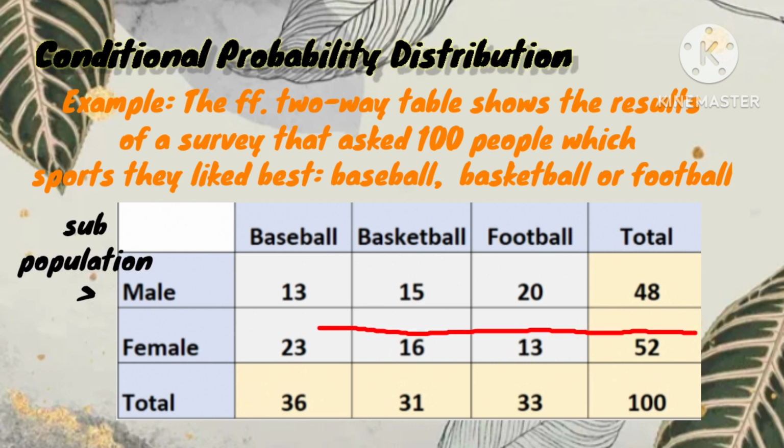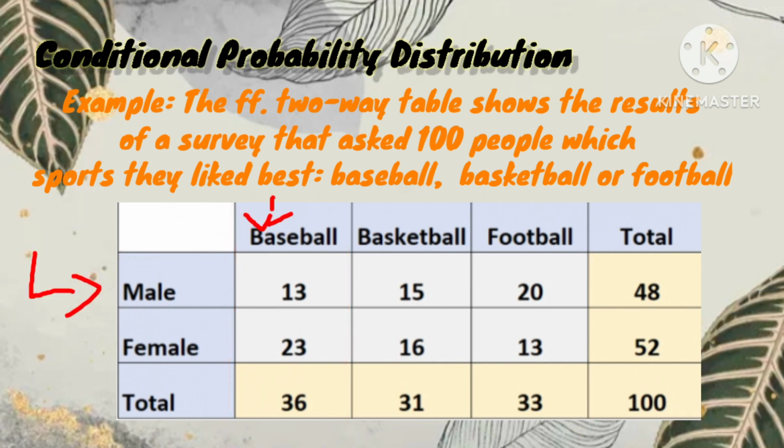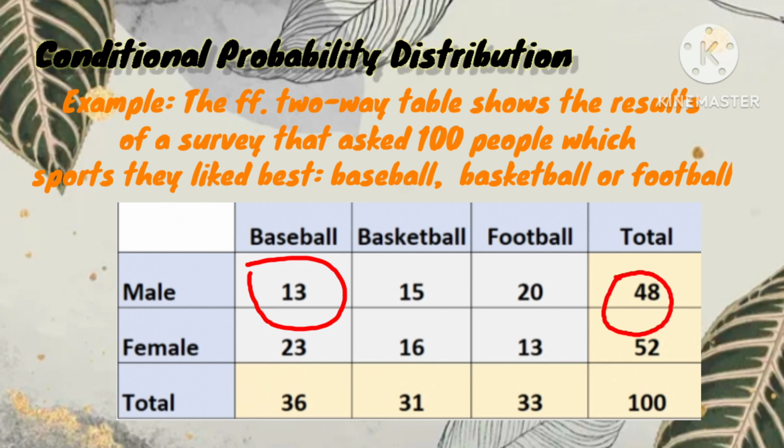The subpopulation is in the rows and the characteristic of interest is the column. For male, we first calculate who prefers baseball. In the table, there is 13 and we divide it by its total, which is 48. So 13 divided by 48 is equal to 0.2708.